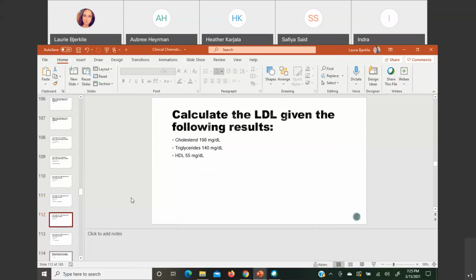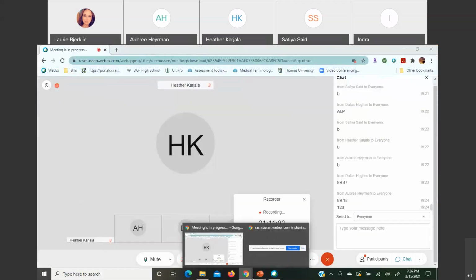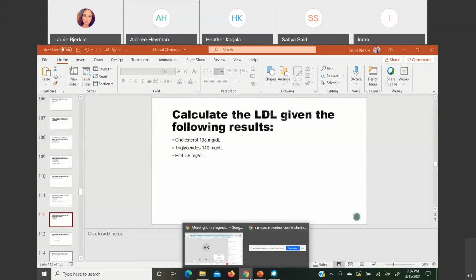But here's another example that you can actually do. So you can calculate this one. All right, I have a couple guesses.